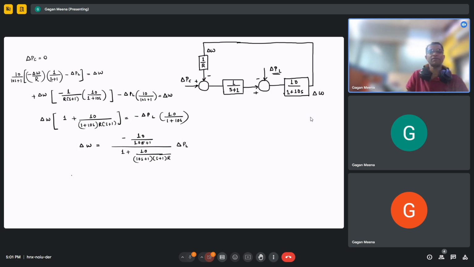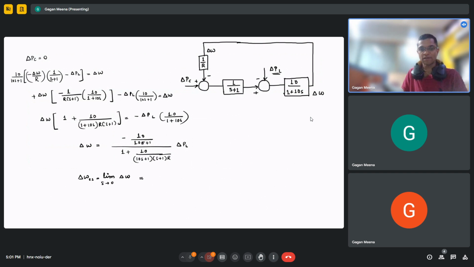Now we have been given the value of delta omega to be how much? Delta omega is 0.25. So substitute the values: 0.25, and delta PL is minus 0.15. For steady state, delta omega steady state is equal to limit s tends to 0 of delta omega, because in steady state all the derivatives are 0, so s goes to 0.